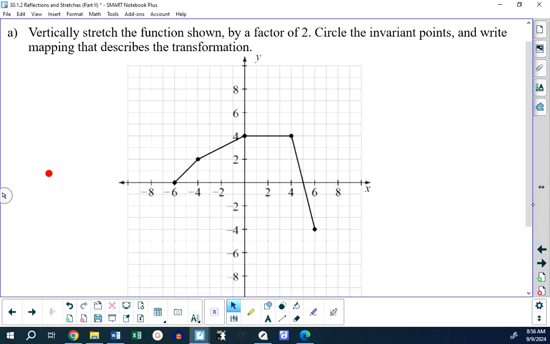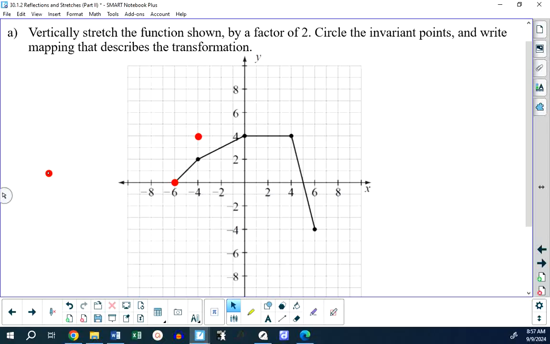So normally I would say let's start on the left and move to the right, but I want to save that point just for a minute. Let's talk about this point. This point vertically is 2 units away from the x-axis. So when I plot it after a vertical stretch by a factor of 2, it will be 4. It's twice as far away from the x-axis because the vertical stretch factor is 2. This point is going to be invariant.